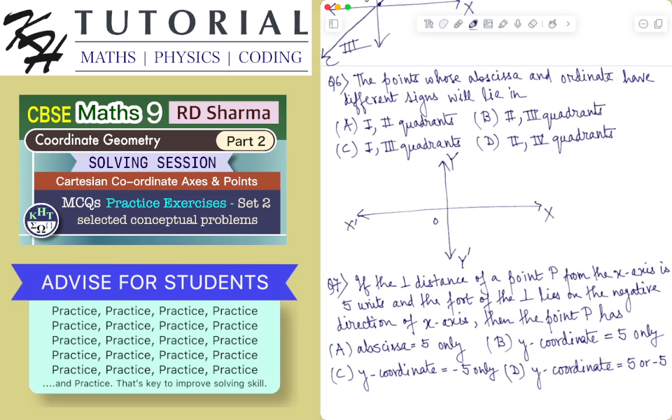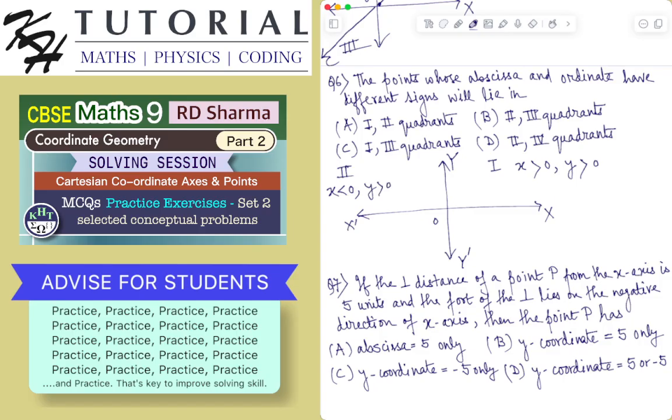We know that in the first quadrant, the abscissa, that is the x coordinate, is greater than 0, and the ordinate, or y coordinate, is also greater than 0.